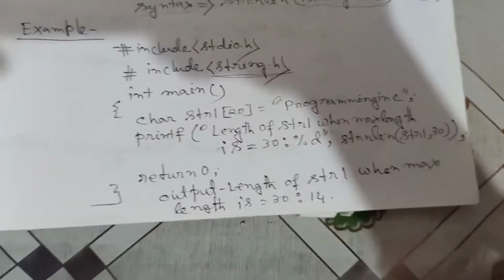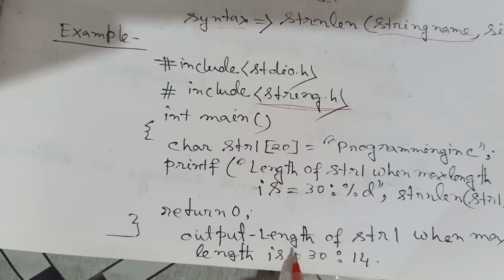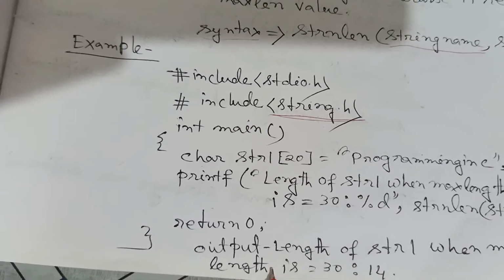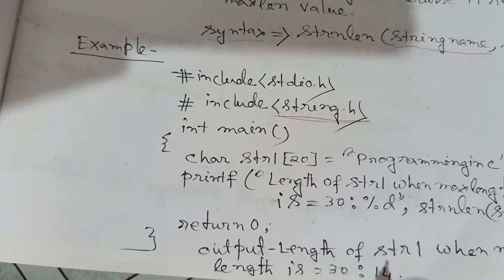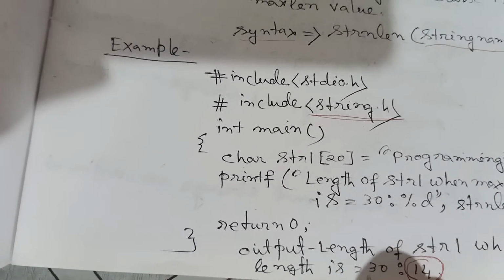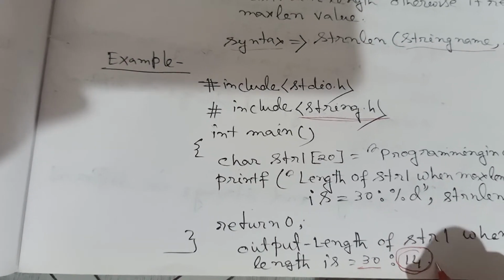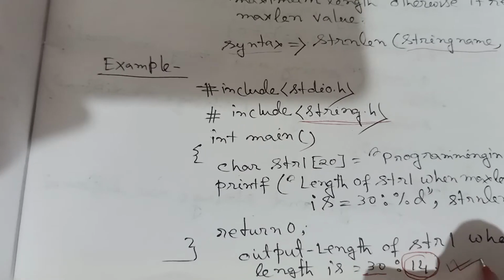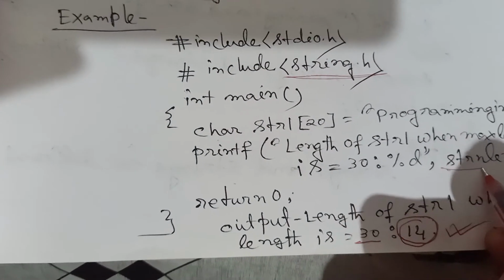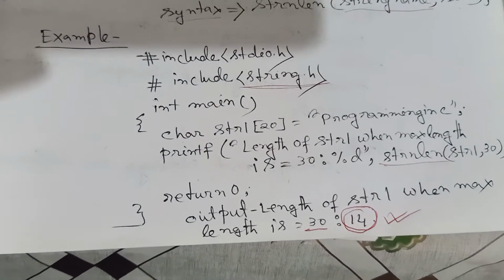Here we could see the output: length of str1 when maximum length is equal to 30. Here the maximum length is 30, but the actual length of the string is 14. That's why this strnlen string function is used.